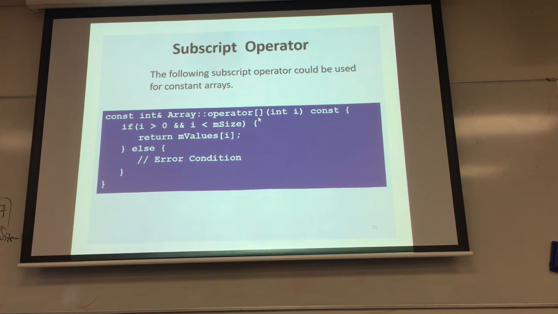With this, why would you need something like this? If you have a constant array, what is the use? You might want to print data in the constant array. And then you have to have access to the index operator to print individual elements, which normally doesn't change the value of elements.